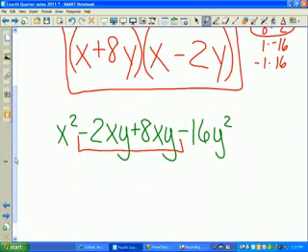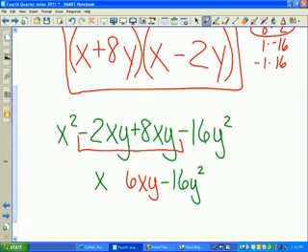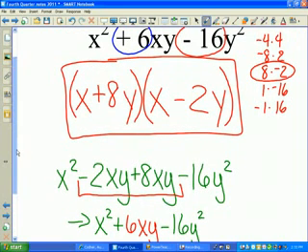So negative 2 plus 8, that would give me my 6. I'll do it in red. 6xy. And then everything else is coming on down because they're not like terms, so I cannot combine them. Isn't that the same as my original expression?